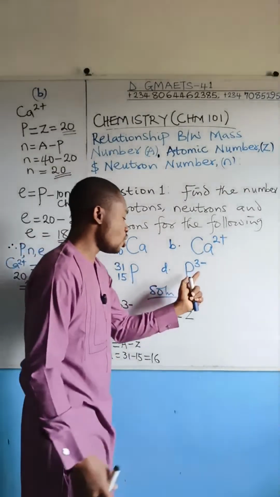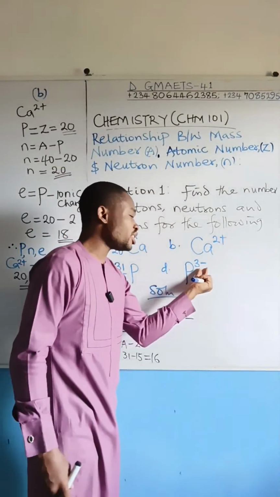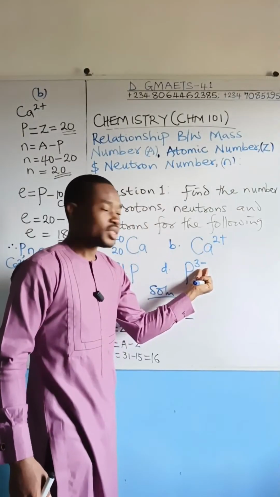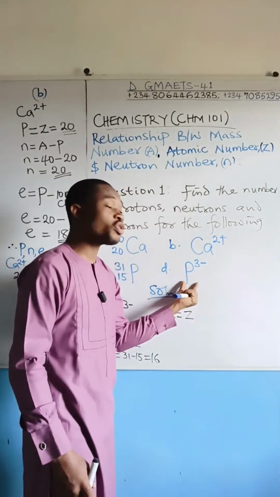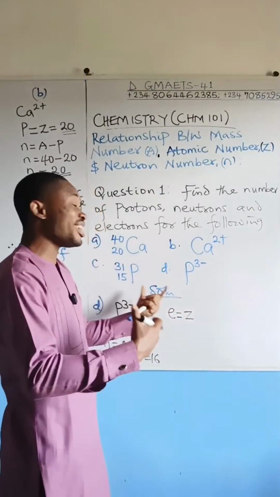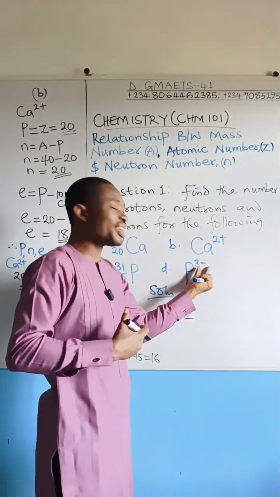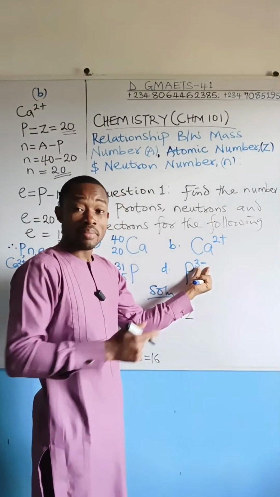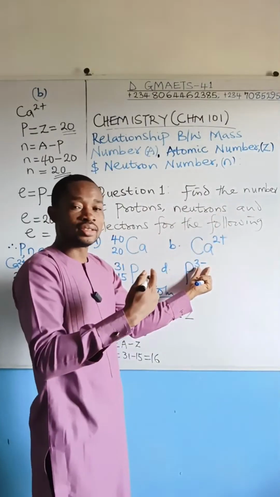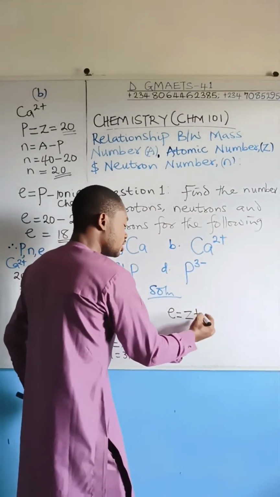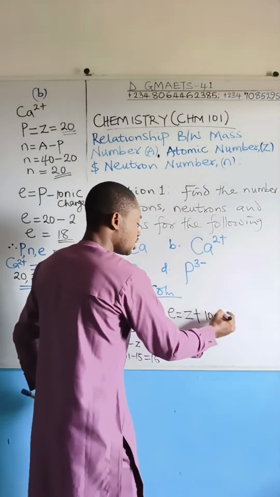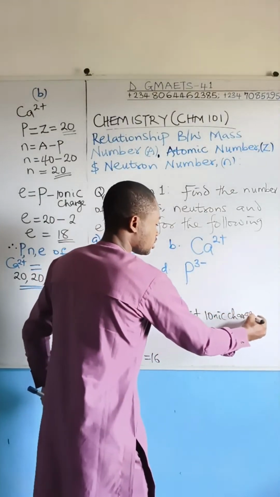Now, what did I notice here? The ionic charge here is negative. Since you have negative, it means that the phosphorus atom reacted to gain 3 electrons. The minus ionic charge means it gained. And because it is gaining, you add. So plus ionic charge. So this is the relationship.